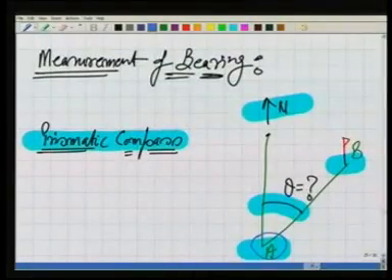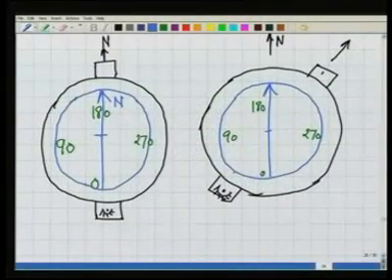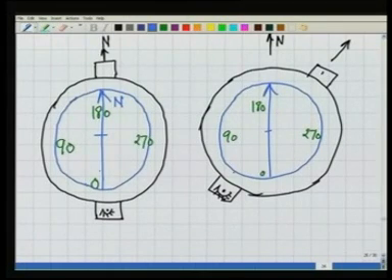Now we will see how the readings are written in this graduated circle. To measure the bearing, as we saw, we keep our prismatic compass at A. The prismatic compass is graduated in a very typical way, and we should know it.